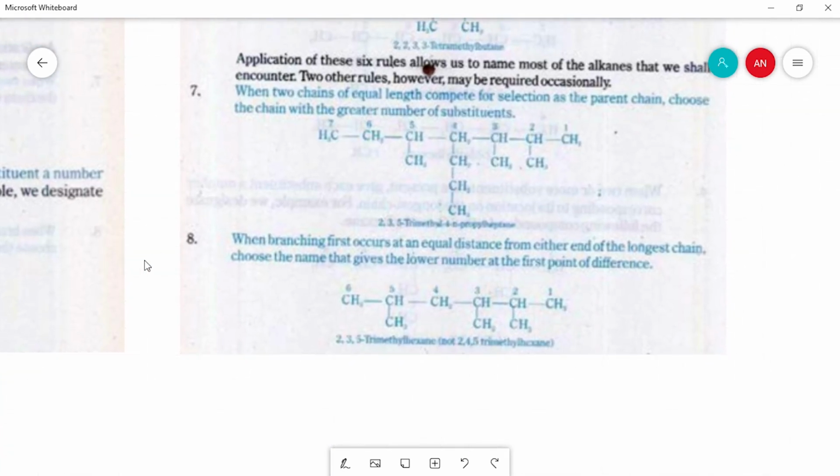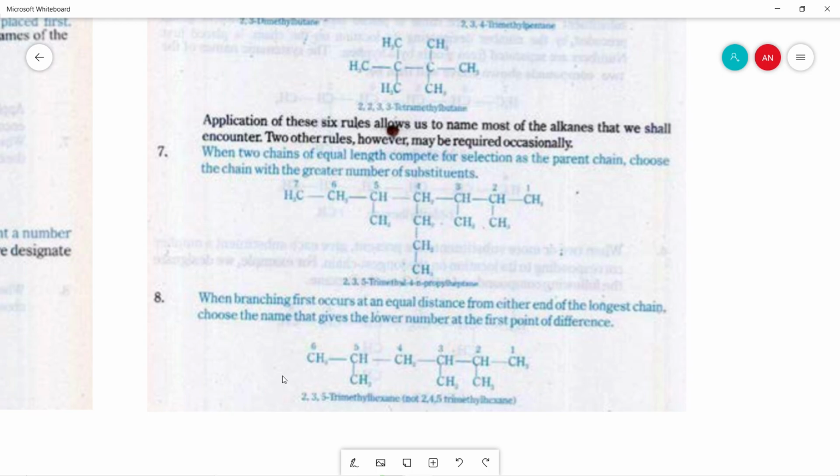Number 8th rule, the last one. When branching first occurs at an equal distance from either end of the longest chain, choose the name that gives the lower number at the first point of difference. What does this mean? This means that first we will see which branch is near, and we will start numbering from that side, right? So in this case both branches are at an equal position if we start numbering from this side or this side.